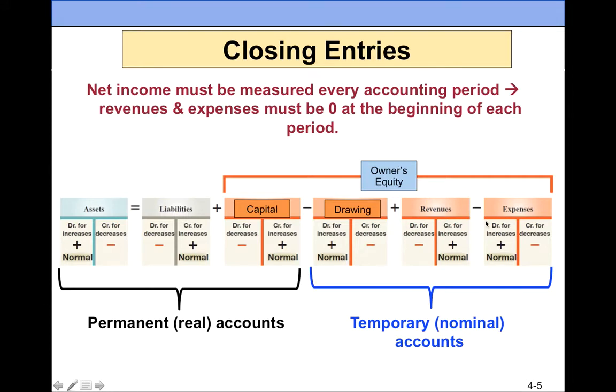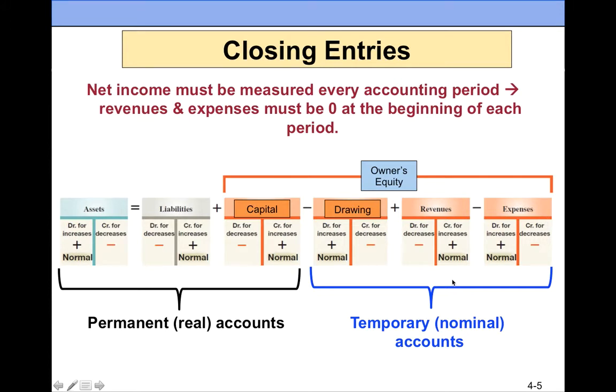I also want you to recall chapter 3 when we separated permanent accounts and temporary accounts. The last 3 accounts, REDs (revenues, expenses, and drawing), really belong to capital. They are part of the owner's equity umbrella. We separated them because we needed to look at changes in capital and calculate net income or net loss. Well, right now they need to go back home.